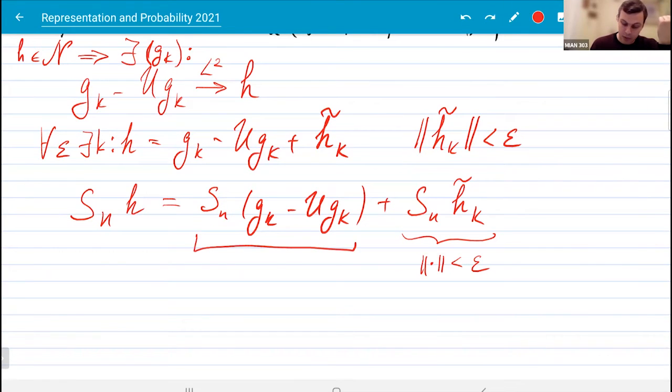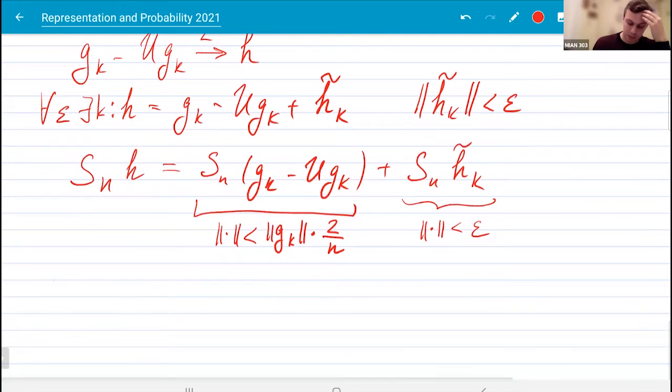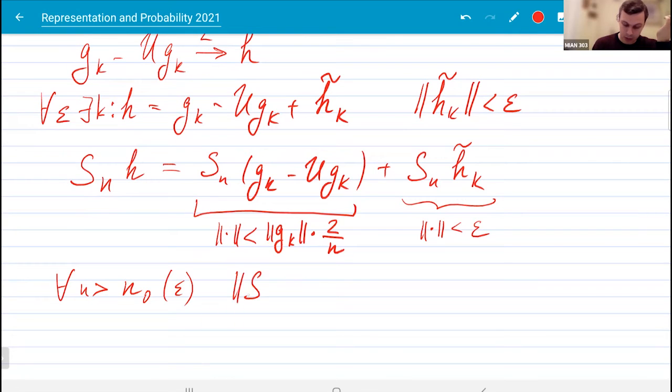And the norm of this is not more than the norm of g_k times 2 over n. Therefore, if you want to say that for all n larger than some n_0 of epsilon, the norm of S_n h is less than, let's say, delta, this is what you want to prove. Yes, so that for large n, the norm of this average is small.